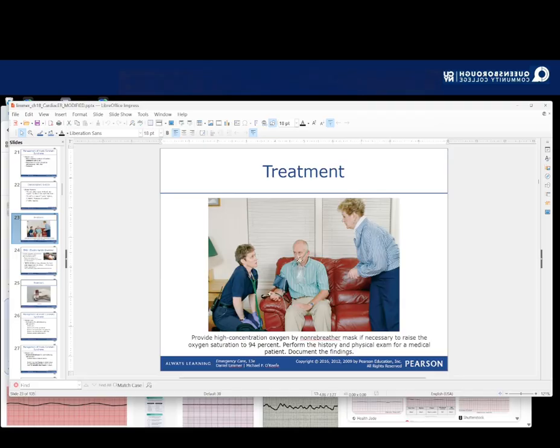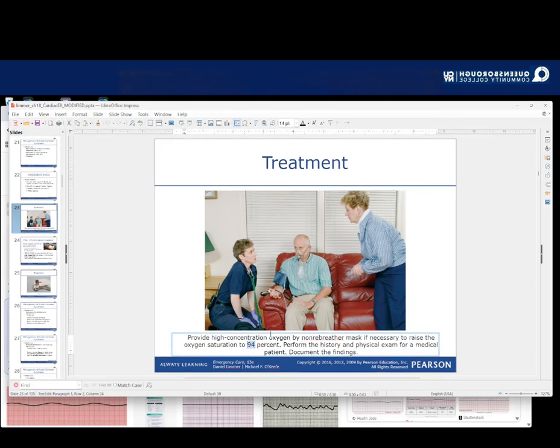And here he is getting a non-rebreather at 15 liters per minute. Right now, the current recommendation is to get some O2 sat, like this sensor on the finger here, and you want to see an O2 sat percent of at least 94.